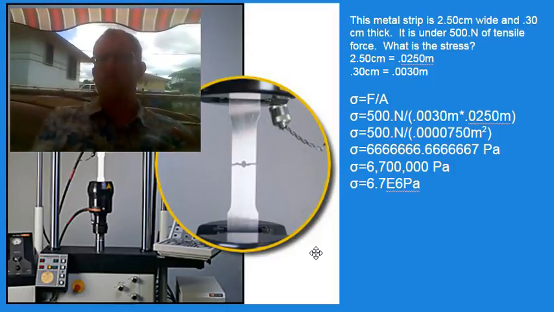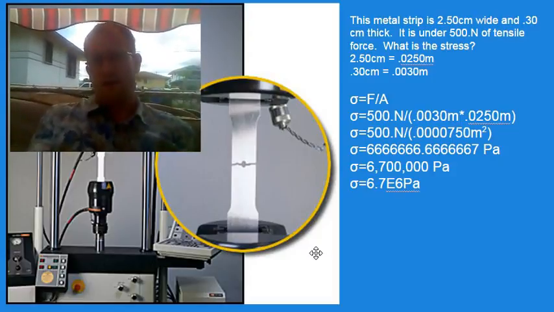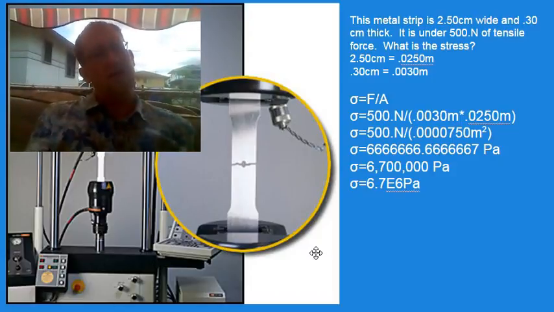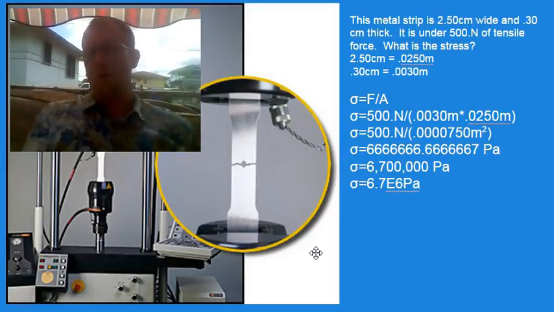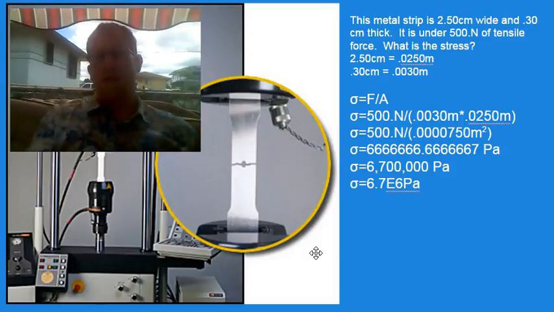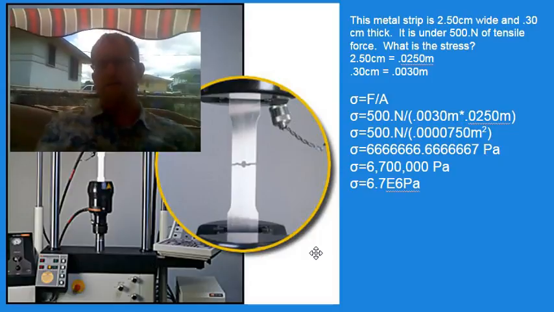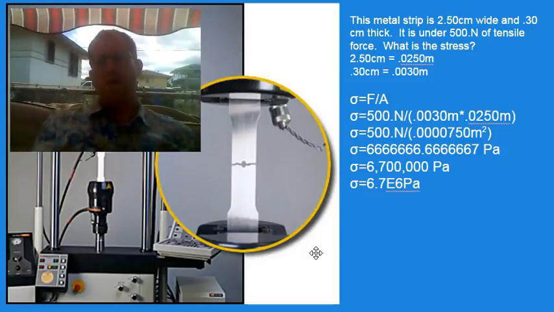So what is the stress? Now, 500 newtons, that's my force. The area I have to calculate. But before I can calculate the area, I need to make sure that I'm measuring in meters. And I wasn't. I was given numbers in centimeters. So let's convert. 2.5 centimeters is 0.0250 meters. And 0.3 centimeters is 0.003 meters.